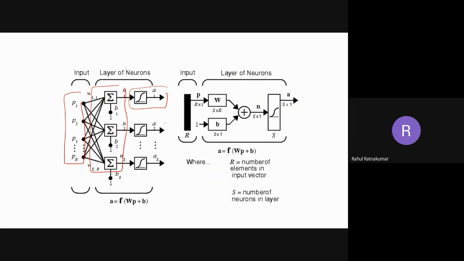This is the first neuron output, second neuron output, third neuron output, like this, so A is also a matrix. There are many layers, and each horizontal layer corresponds to one neuron. So the function is like this: W is a matrix, P is a matrix, and B is another bias matrix. This is a simplified representation of a neural network.